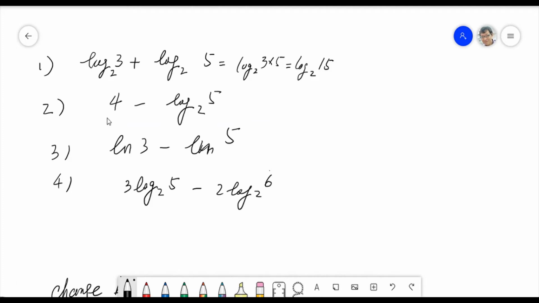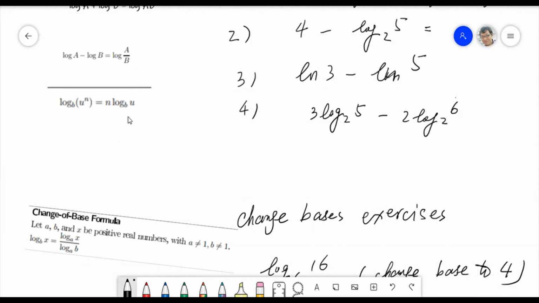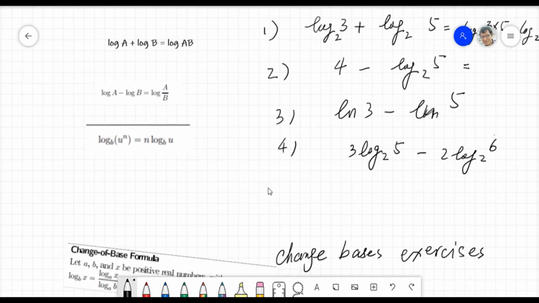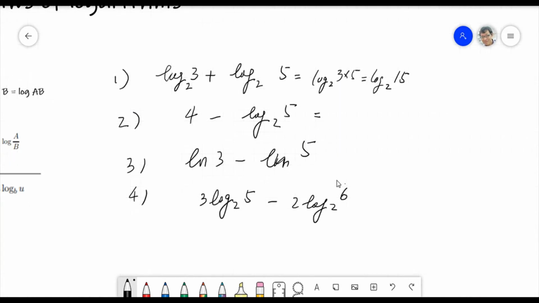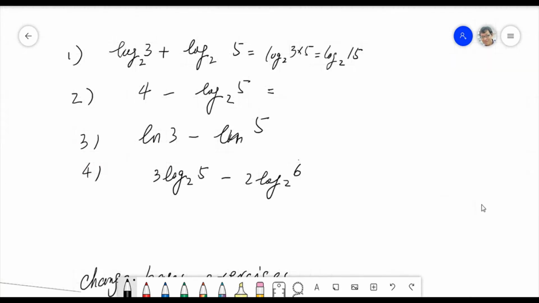How? If the two logarithms have the same base, we can make them a division, right? To do that, we will use the third law about exponents, and also the second law. So because of the 4, we have to use the third law. So 4 can be treated as what?